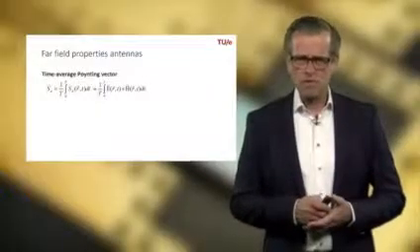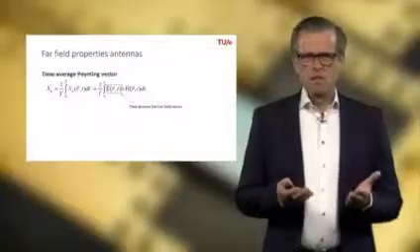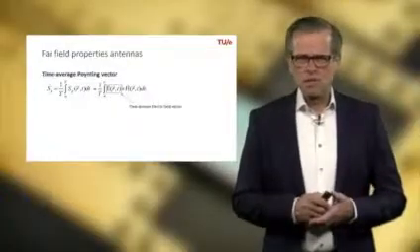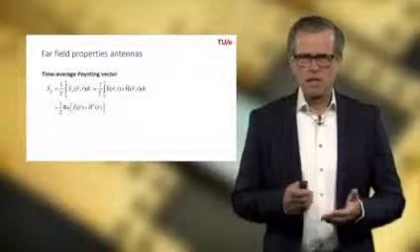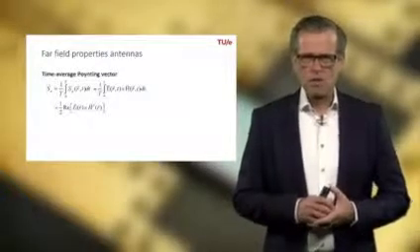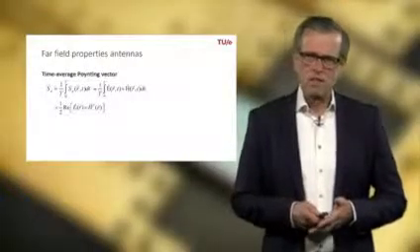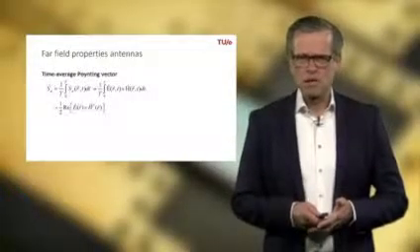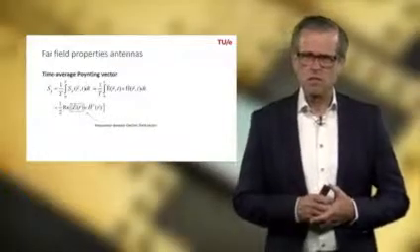If you work out this integration in time, then you can show, similarly to what we did in transmission lines, that you can express it in this way. It's 1/2 times the real part of the frequency domain electric field outer product with the frequency domain representation of the magnetic field. Note that we need to take the conjugate of the magnetic field.